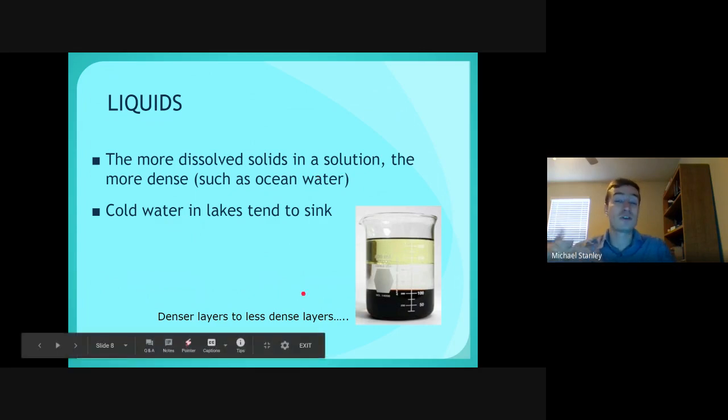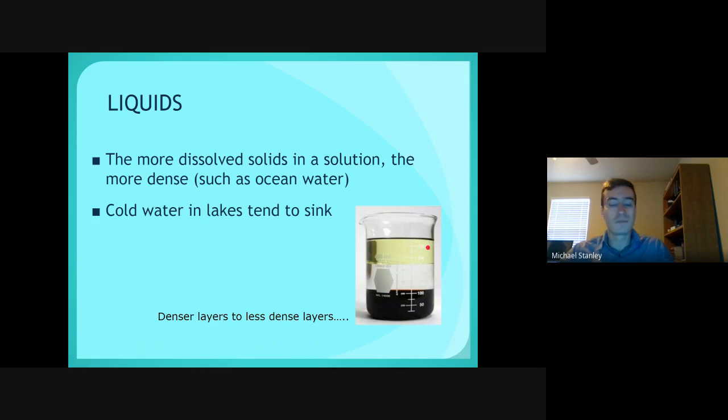Some liquids just also have natural densities to them. So like in our glass right here, it looks like some sort of motor oil on the bottom, and then some sort of clear liquid in the middle. It might be water, but I think it's something a little heavier than water, maybe like ocean water. And then up top here, we have some vegetable oil.